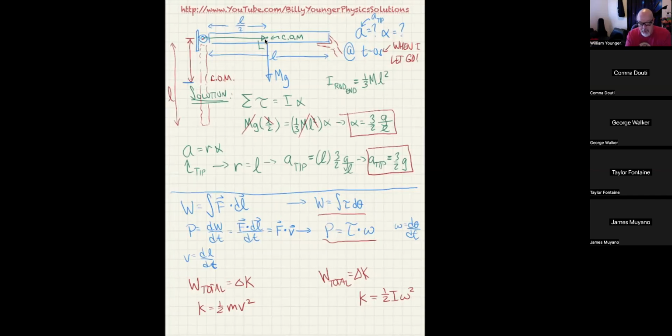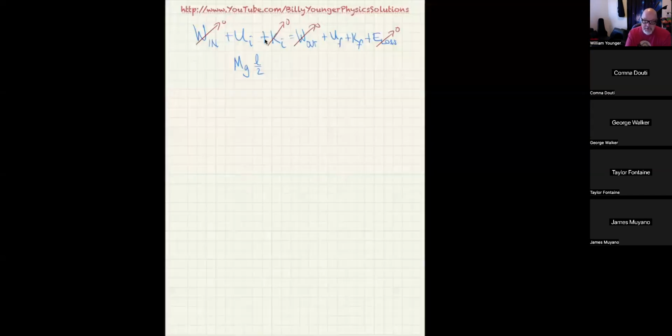Obviously, that's a different problem, so I don't want to write that on this particular problem, but what I'm doing is pretending when the center of mass is down here, that's where the potential energy equals 0. And obviously, when the rod is horizontal, the center of mass is L/2 higher. So that's why I use that.